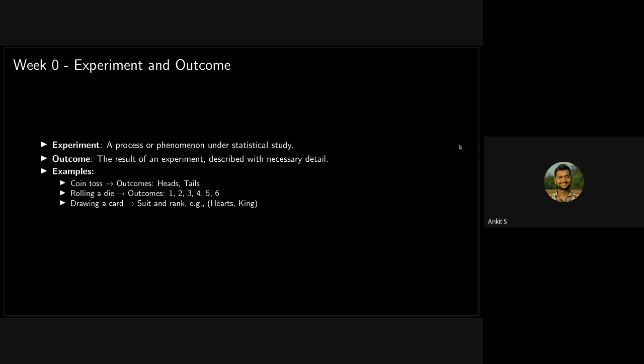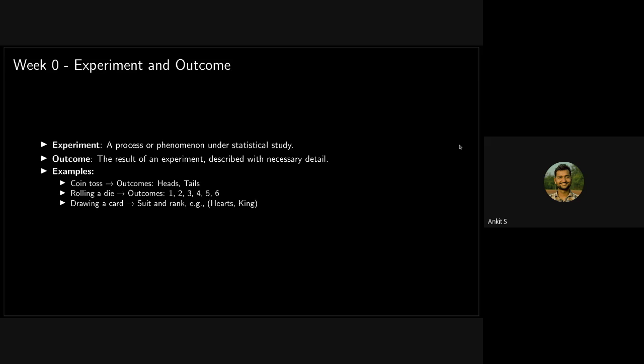Whenever we are doing some kind of thing where we need to know something, we call it an experiment. Whatever is the result that we are trying to predict, we call the outcome. For example, if we take a coin toss, tossing the coin is an experiment, and outcomes can be either heads or tails.